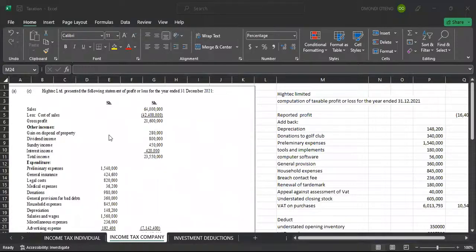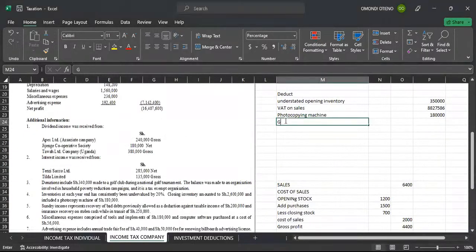After gross profit, there are normally other incomes. So the first item under other incomes, we have gain on disposal of property. That is fixed asset or non-current asset. The disposal of any non-current asset, if it is an income, should not be used to increase your taxable income. And therefore, we are going to subtract gain on disposal of property.